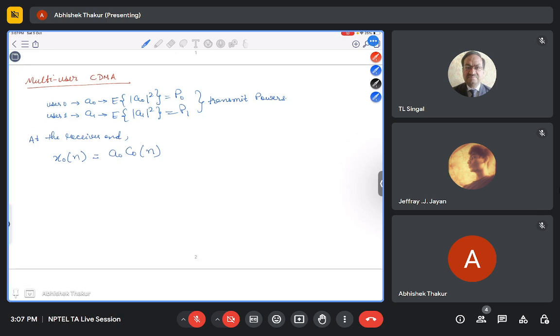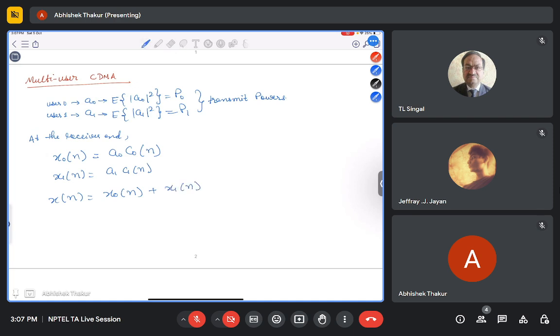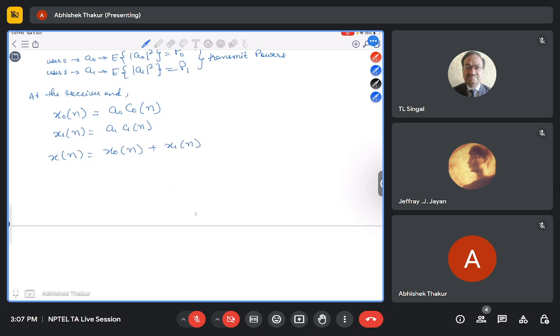Similarly, x1[n] will be A1 C1[n]. And we know that x[n] is the sum of x0[n] and x1[n]. So the received signal will be x[n] plus the noise, where the noise is w[n].